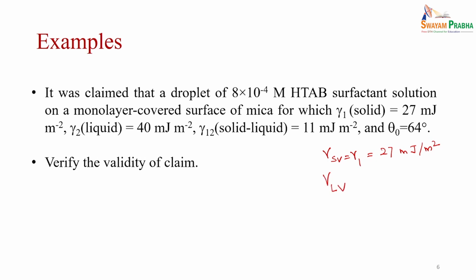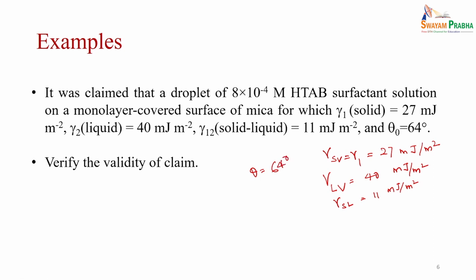Gamma liquid vapor is equal to 40 millijoule per meter square, and gamma solid liquid is 11 millijoule per meter square. And it also says if you put a drop of that liquid on the surface, the contact angle is observed to be 64 degrees.